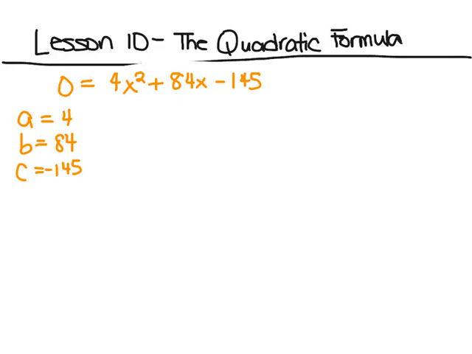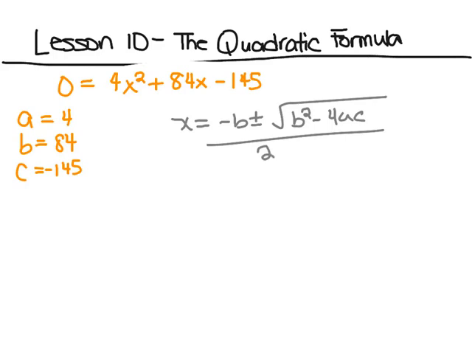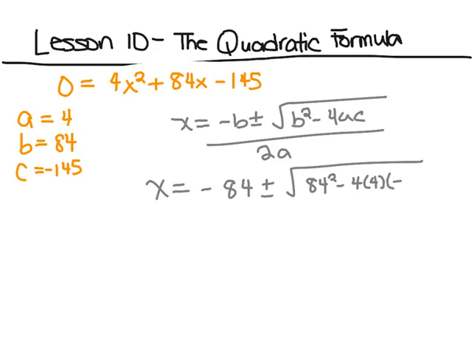So we're going to use the quadratic equation. So x is equal to negative b plus or minus the square root of b squared minus 4ac all over 2a. Plug it in. So negative 84 plus or minus the square root of 84 squared minus 4 times negative 145 all over 2 times 4.